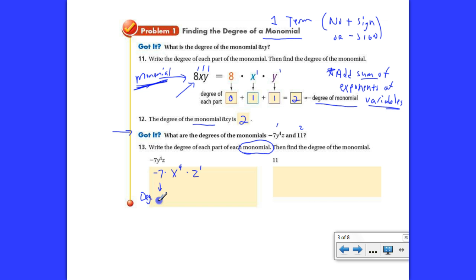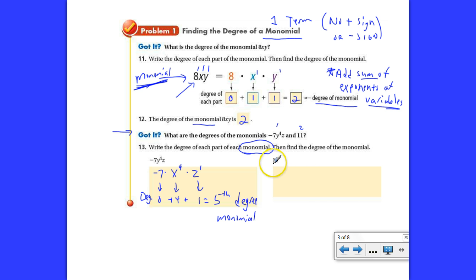The degree on the 7 is 0, the degree on the x is 4, and the degree on the z is 1. So if we add those up, this is a 5th degree monomial. So that is the first question on number 13, a 5th degree monomial.